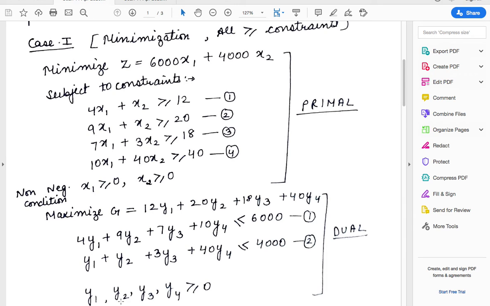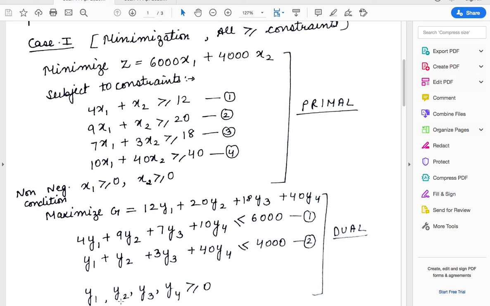You can see the numbers written in the first column of the constraints, that is 4, 9, 7, 10, will now be written in rows. Earlier they were written in a column, now they will be written in a row: 4y1 plus 9y2 plus 7y3 plus 10y4. Earlier the sign was greater than or equal to, now the sign is less than or equal to.